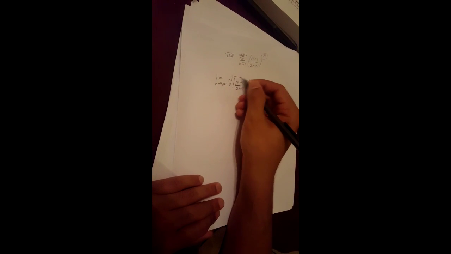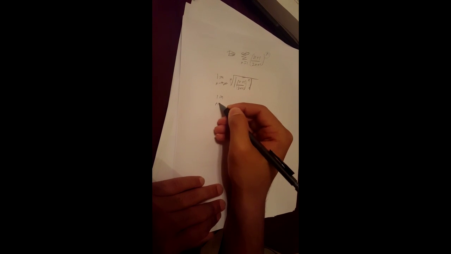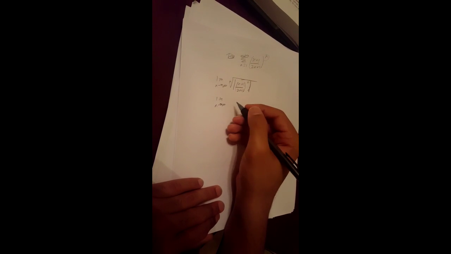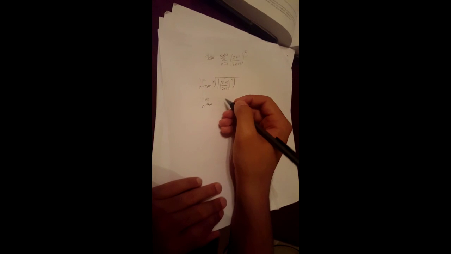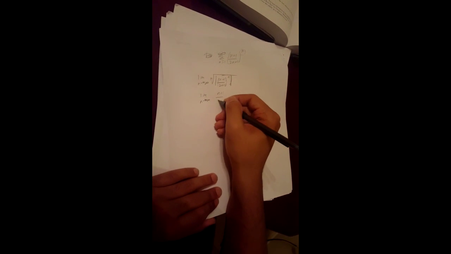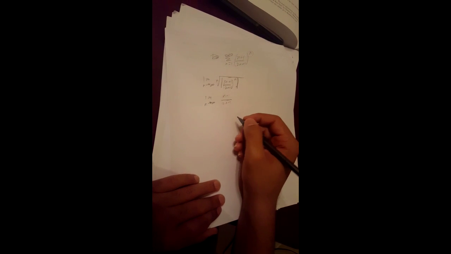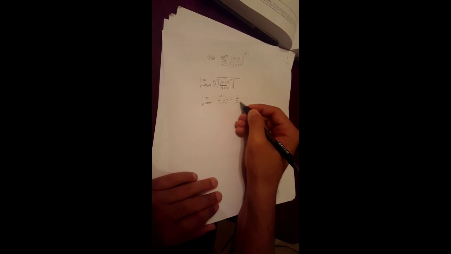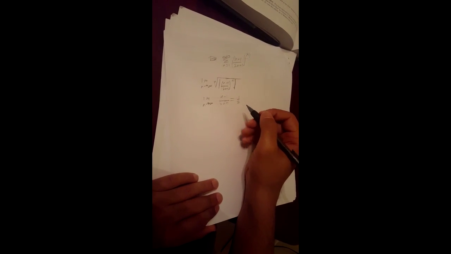That's always positive for n greater than 1, so the n over n will cancel out, leaving n plus 1 over 2n plus 1. And this is simply 1/2. Because this is less than 1, it converges.